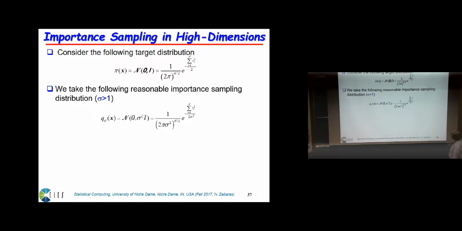And obviously, I'm going to use exactly, as I said, the same thing we used for accept-reject. For sigma greater than 1, I'm also going to use a proposal that is a Gaussian, and obviously has the same support as my pi, and for sigma greater than 1, it's on top of the pi, so it has all the nice properties. So if this doesn't work, nothing is going to work. All right? Because this is obvious. There's no reason why it will not work.